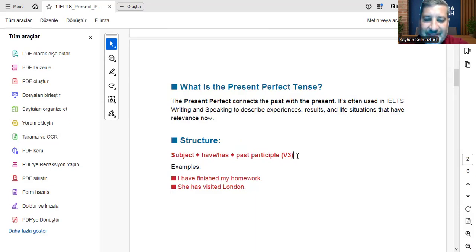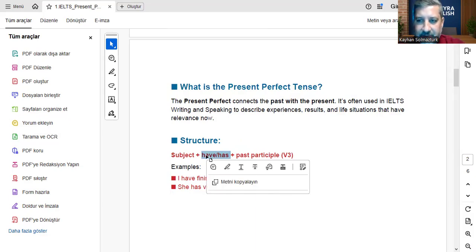For perfect tenses, we have two verb structures. One is have or has, which, as I told you before, is the auxiliary verb, or helping verb, and the other one is the past participle form of the verb, meaning verb three.